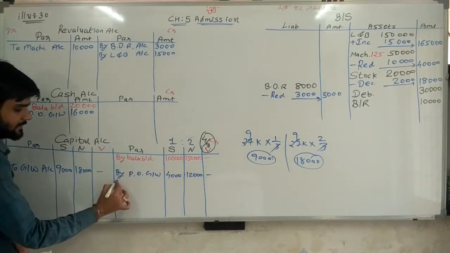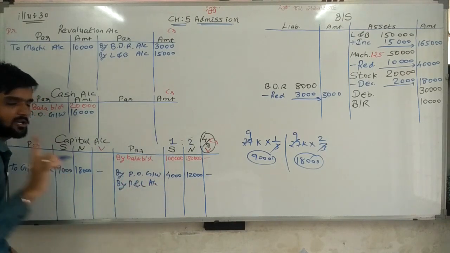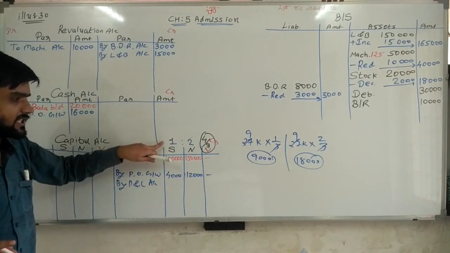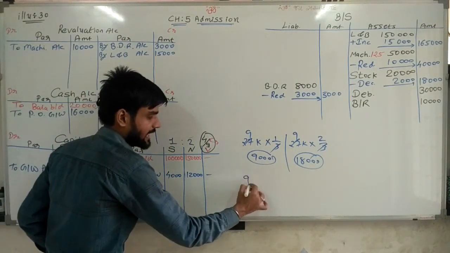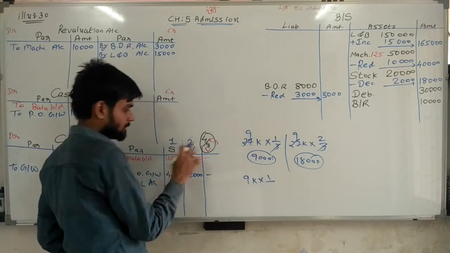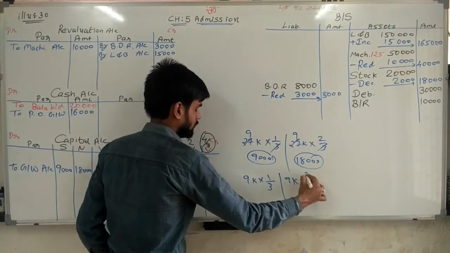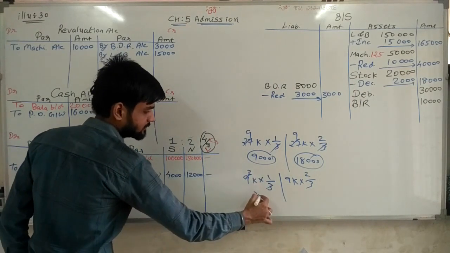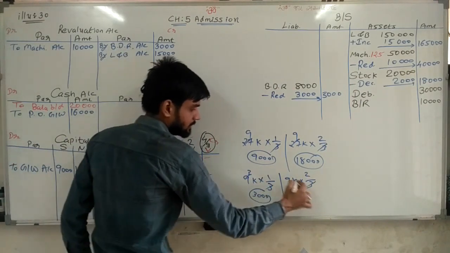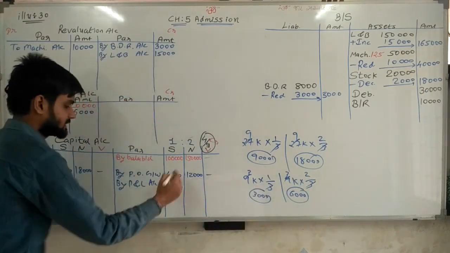Now 9,000 is distributed among partners in the old ratio. So 9,000 into 1 by 3, 9,000 into 2 by 3. 3 3s are 3, 1 is 3,000. 3 3s are 3, 2 is 6,000. So 3 and 6 is the ratio.